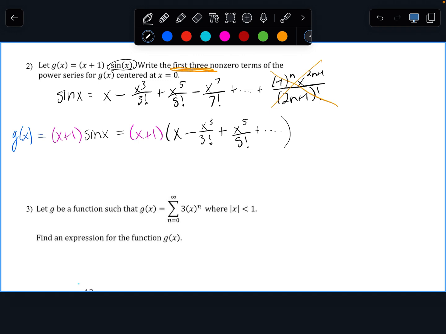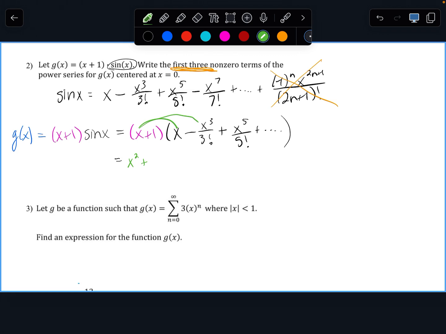But we only need the first three. That means I need them in order, so you want the lowest degree first. I'm not going to need x to the 20th power or 7th power. So what I mean is, if I do a little bit more of this, I'll do green. If I do x times x, I'll get x squared.